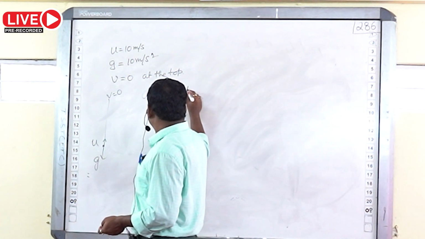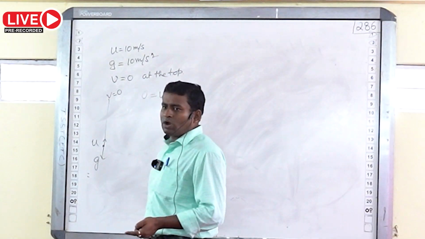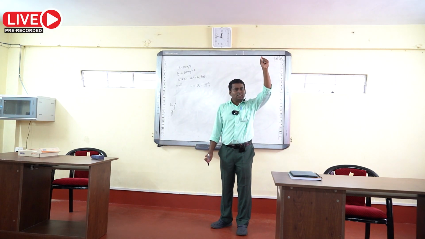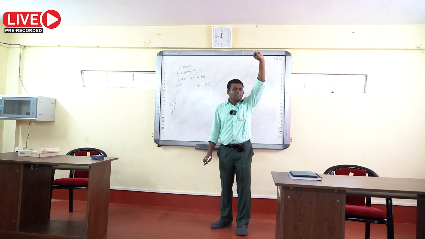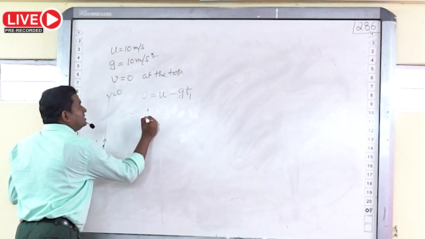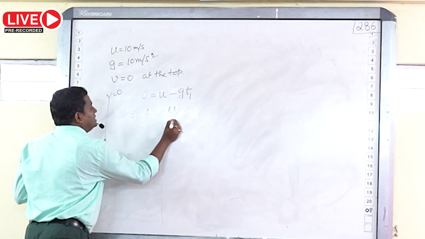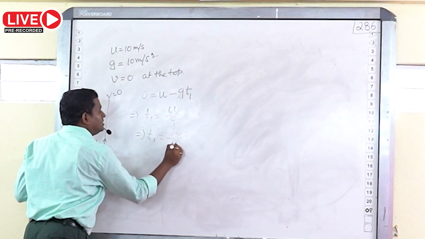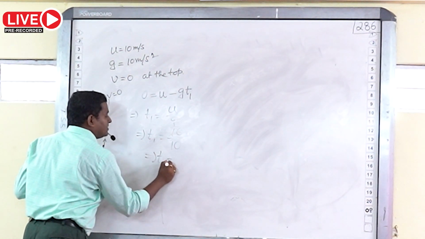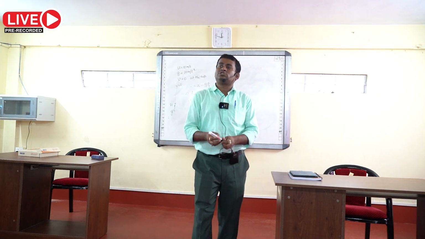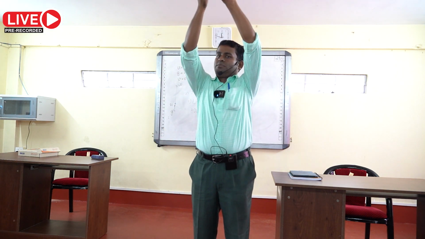Suppose T1 is the time of ascent, the time in which the particle goes to the top. So we can find this: T1 equal to u by g, 10 by 10, 1 second. So in 1 second the particle will reach the top.